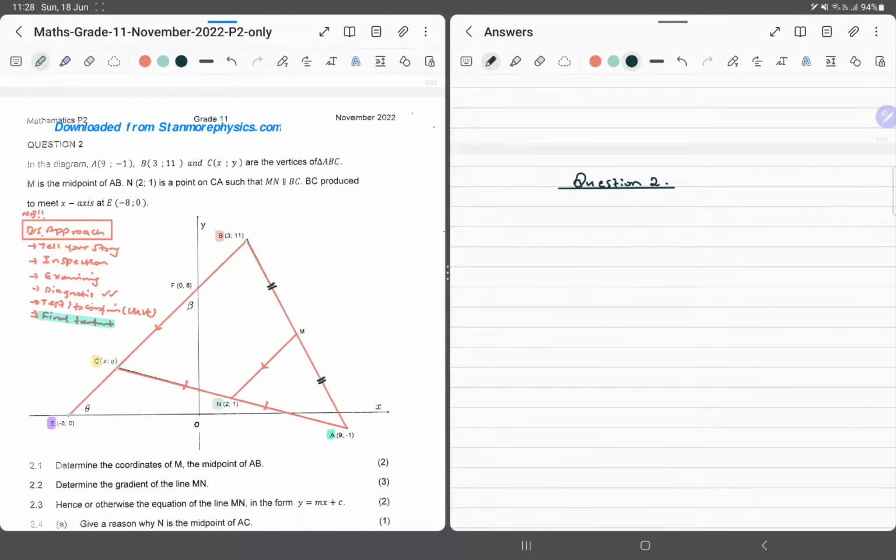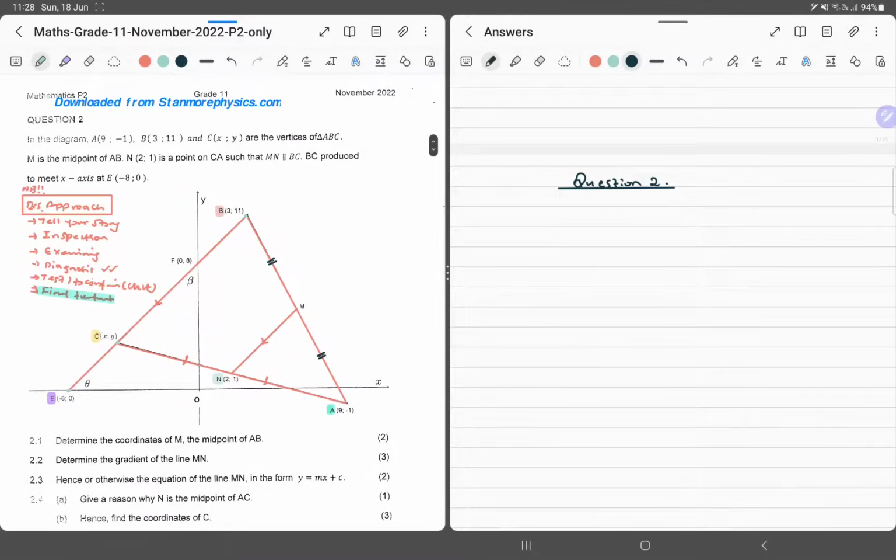Now what can we do with this piece of information? Well, what we can do is that we've got two coordinates on EB. That means we can find the gradient of EB and use either one of those points to work out the equation of that line. Two, since we can see there's an angle of inclination theta there, we can use that gradient of EB to work out that angle of inclination. So those are the things we can do.